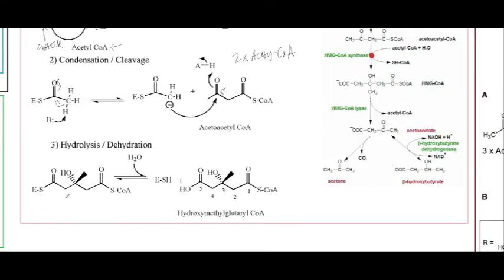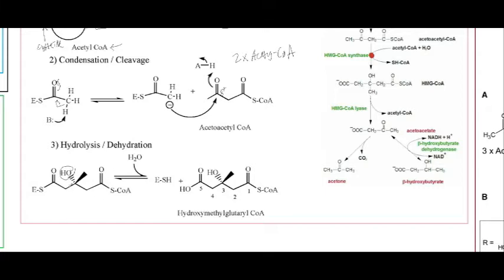And so now we have this bound here. This oxygen right here is the same as this oxygen here, and so this has been reduced into a hydroxyl group from a ketone group.